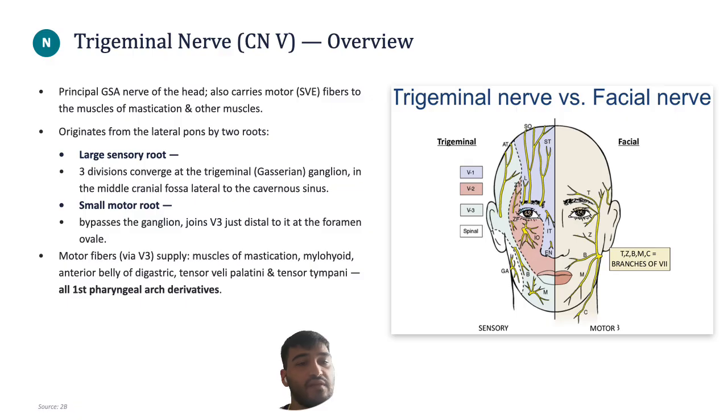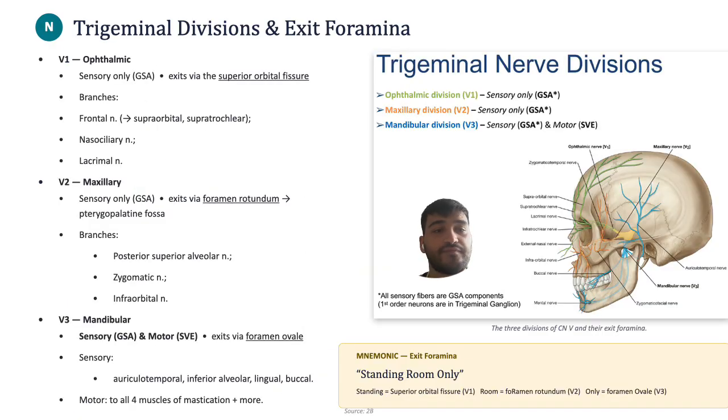Apart from that, it's important to know that V3 is the only one providing the motor from the trigeminal. And it's to all the first pharyngeal arch derivatives, which are the muscles of mastication, mylohyoid, anterior digastric, tensor veli palatini, and tensor tympani.